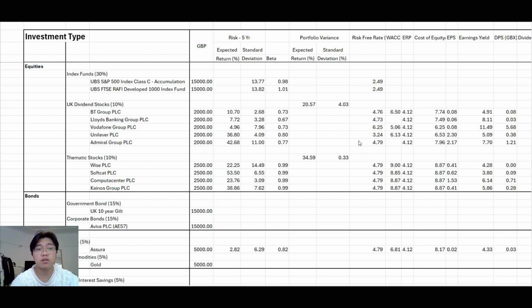One reason for this investment is that these funds offer broad market exposure, mirroring the performance of large segments of the global market. And as we can see, they are mirroring the S&P 500 index and the FTSE RAFI Developed 1000 Index Fund. As they mirror these indices, it reduces unsystematic risk and provides a diversified investment base.